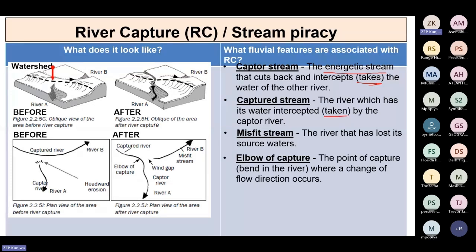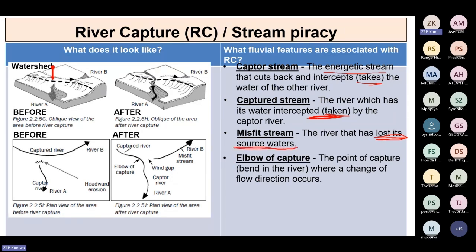So yeah, this one has been robbed of its water. And then the misfit, after the river has lost its water or its source, remember the misfit is no longer connected to its source. So it has lost the source water.